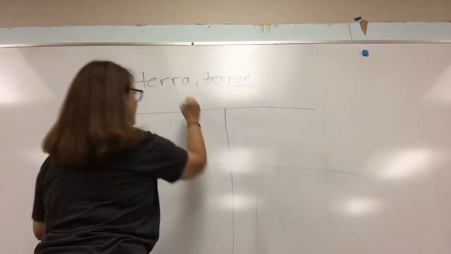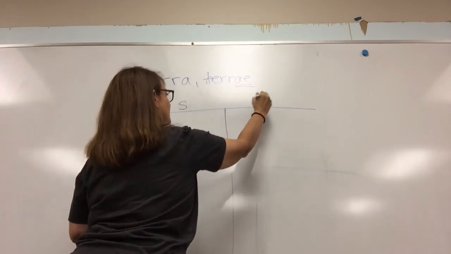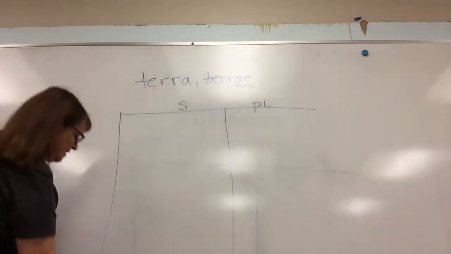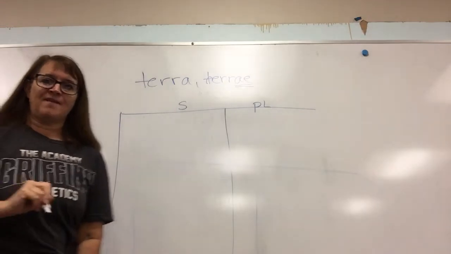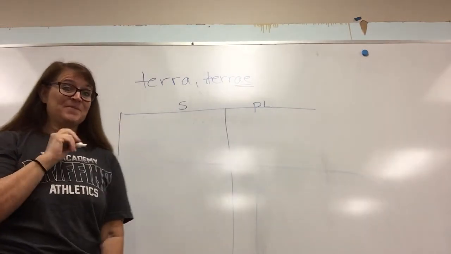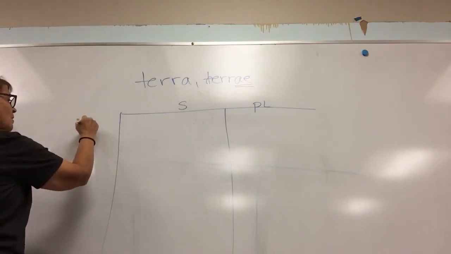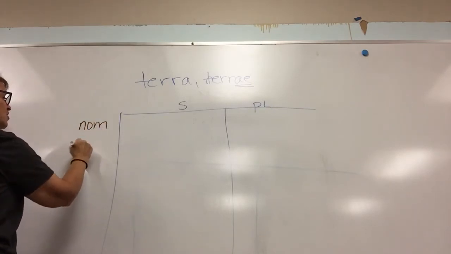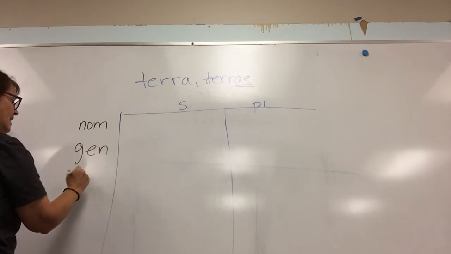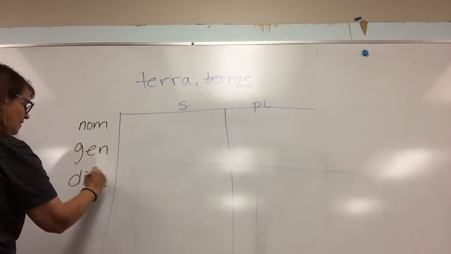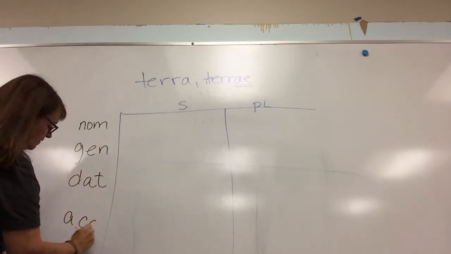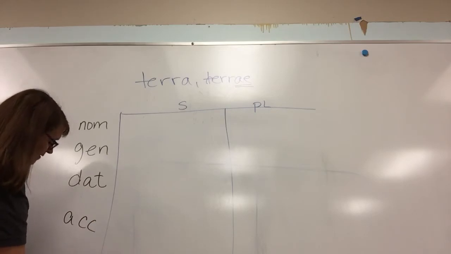Okay, so we have singular and plural. Okay, and I wonder if you can remember what the 5 cases are without me telling you. Let's see, they are nominative, genitive, dative, accusative, and ablative.